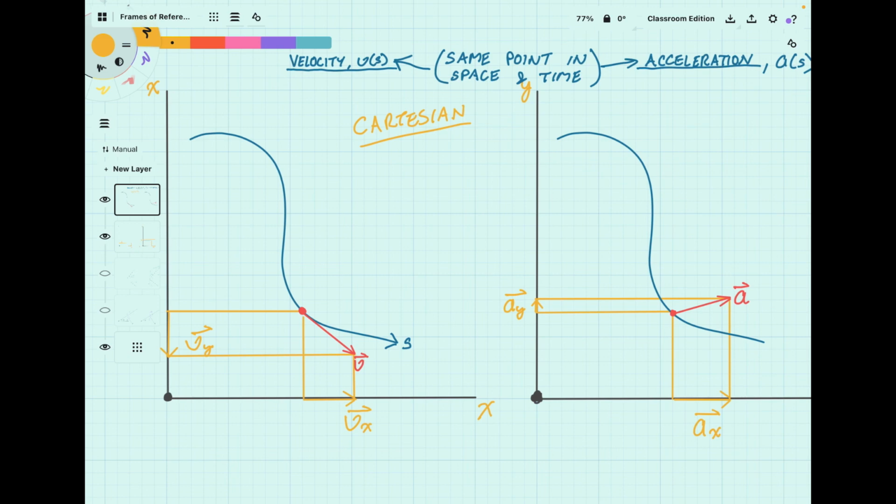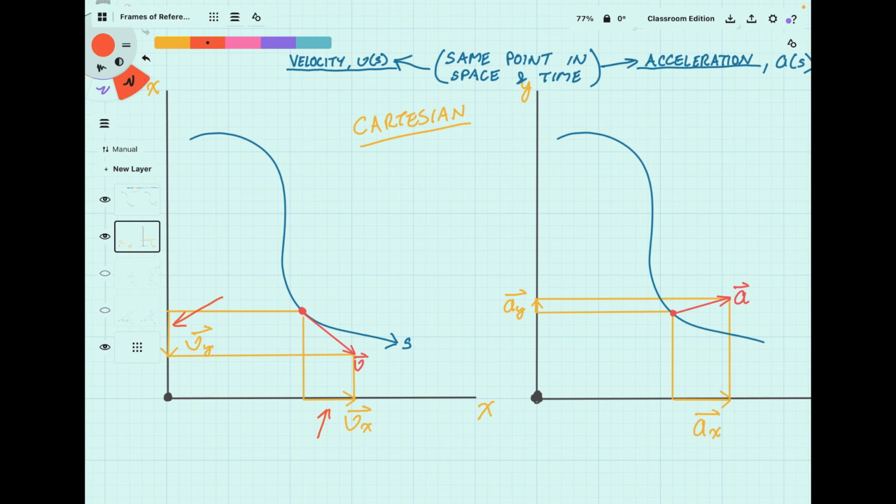So I define an x direction and I project my velocity vector into the x and into the y direction. That's it. Do that with typically a little bit of trig, sines and cosines. If that function were given in xy, you'd be able to do these things pretty readily.